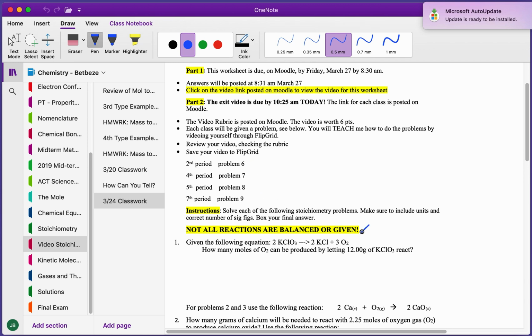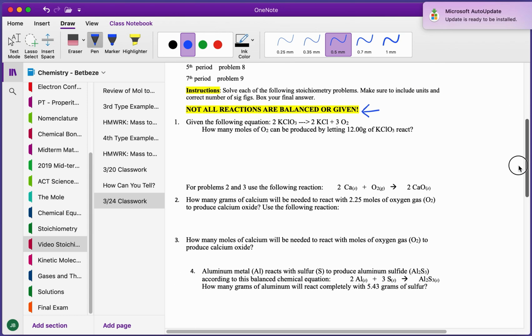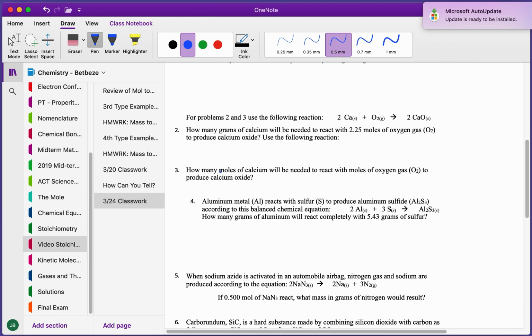This is so important, ladies. Not all reactions are balanced or given. All right, you can skip number 3. No known was given in number 3, so you can just skip number 3.